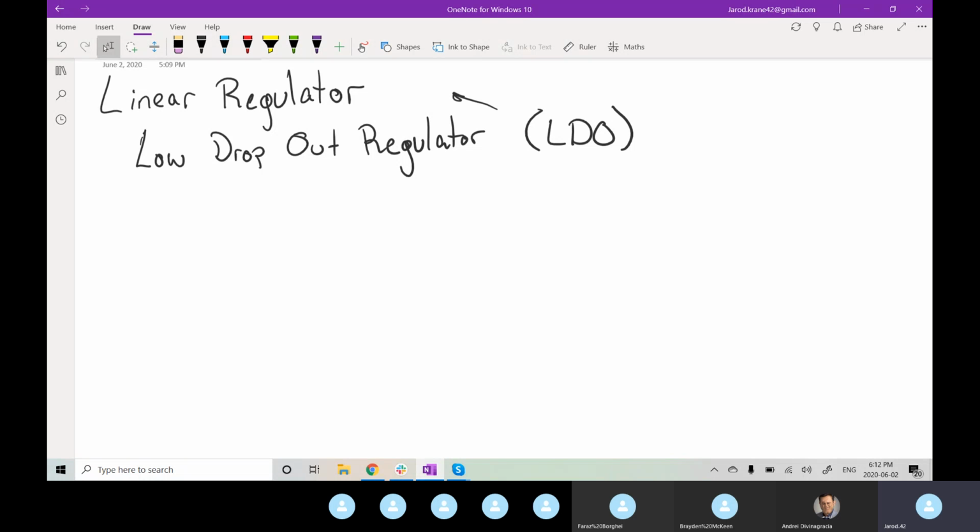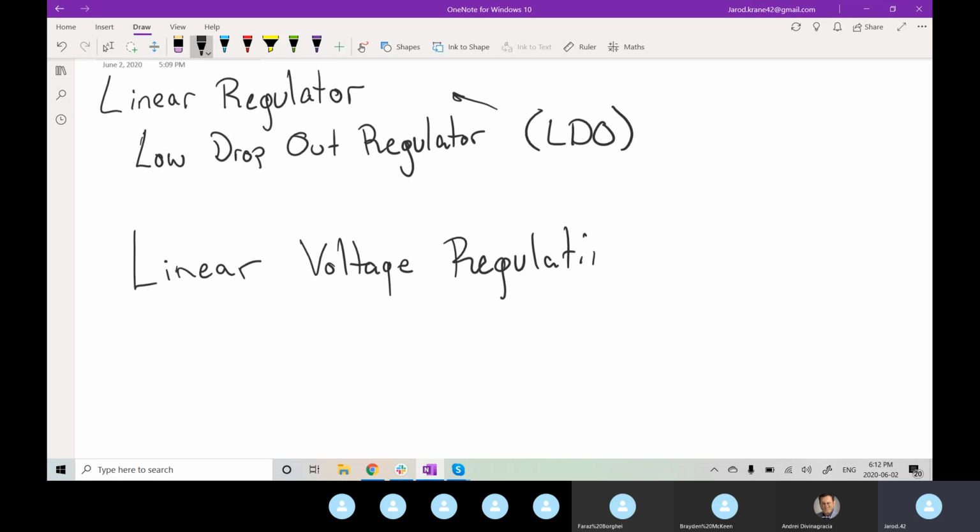But in their simplest form, these are linear voltage regulating devices that function as step-down converters.